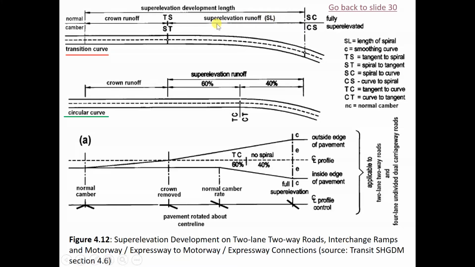Incidentally, this is the spiral lane as well. Super elevation runoff for this transition curve. Okay, so this is a spiral lane.